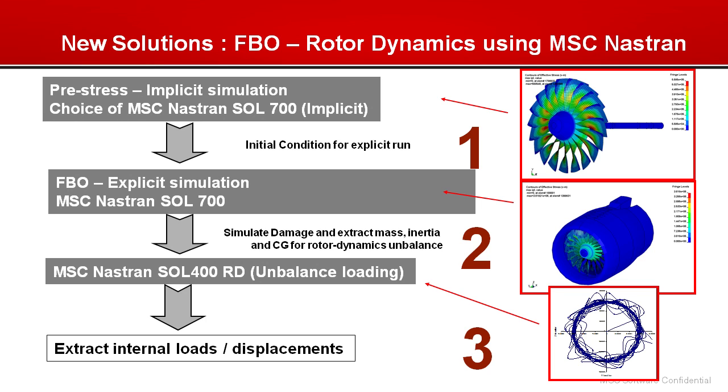So let's talk about the new solutions. To introduce the methodology for the new solution, we use an actual example. What we already discussed is the first two stages of the fan blade out and FOD simulations.